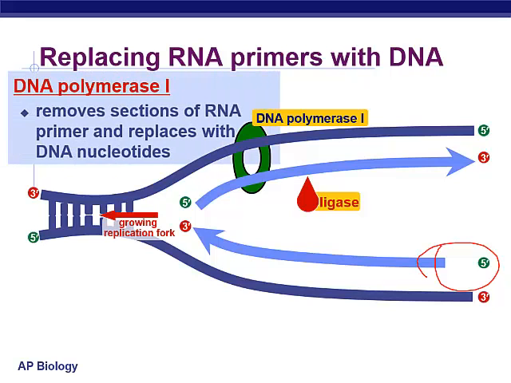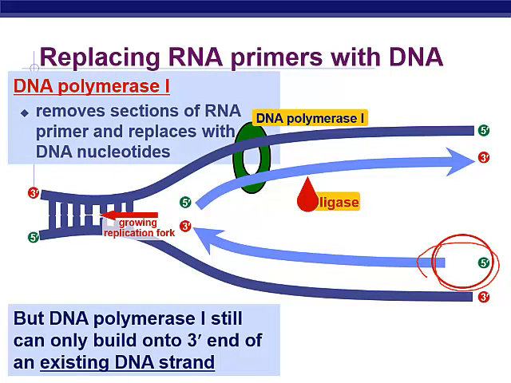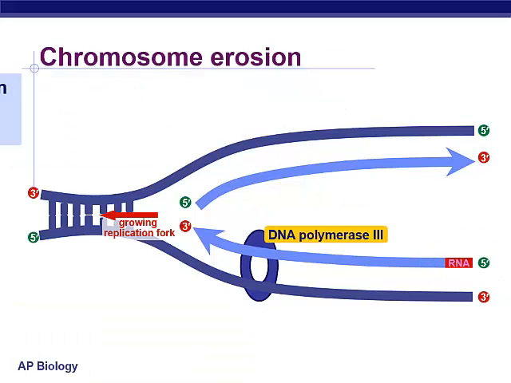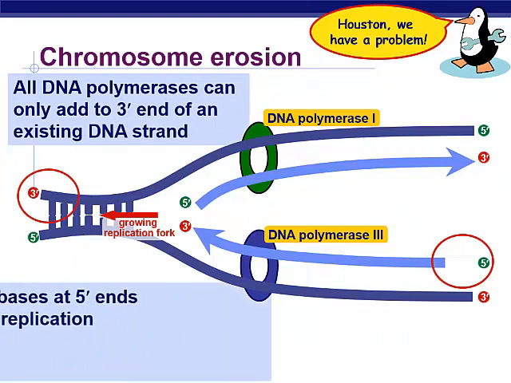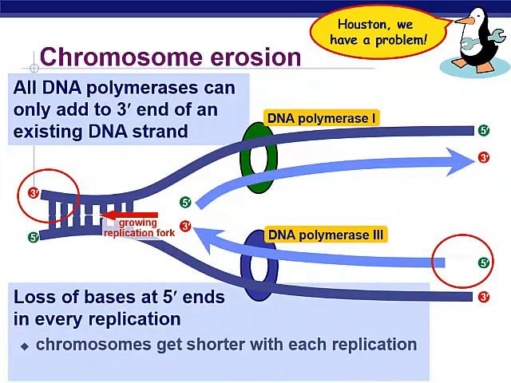Okay. DNA polymerase 1, we got a problem there at the end. Good. Just talked about that. Loss of bases at the 5' ends in every replication. Is there a limit to the number of cell divisions? Some people believe, and I'm not sure how much scientific basis is behind this, but it's not a far out there thing.